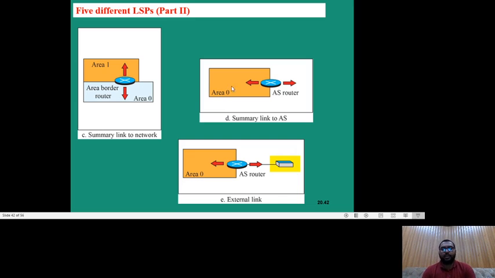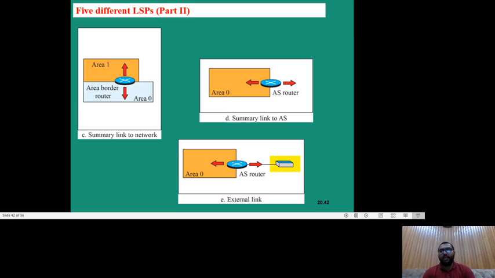Similarly, there will be a router which knows all the links in that autonomous system. That is called the autonomous system router. Similarly, external links, like anything beyond the autonomous system, because at the end of the day the job will be to pass on those packets on the links which are least cost.